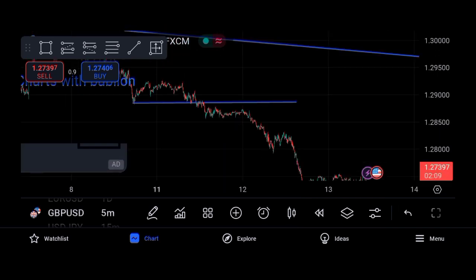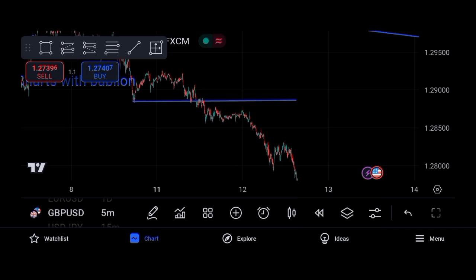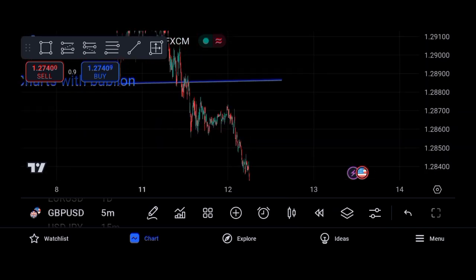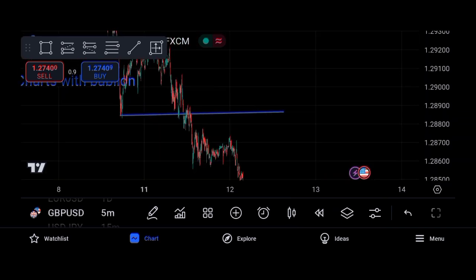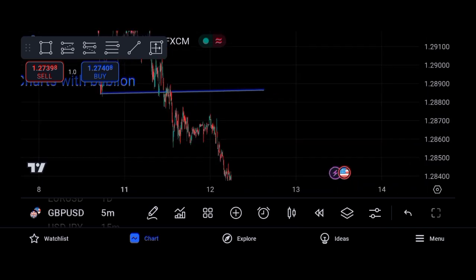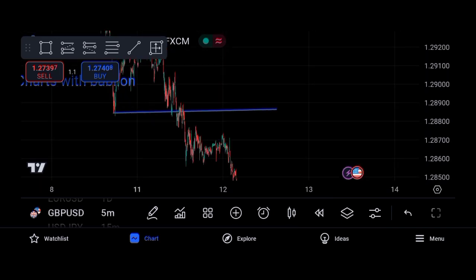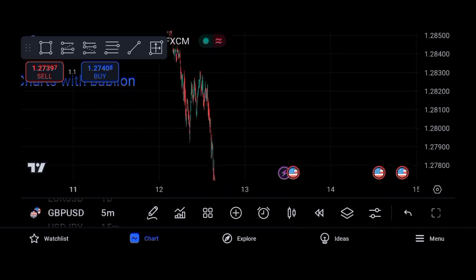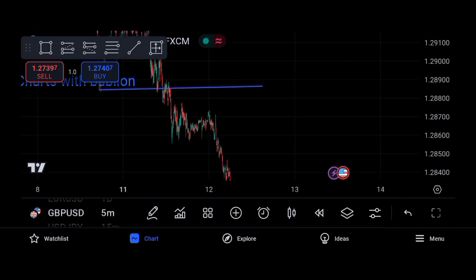Now if it were in an uptrend, then when the market breaks a high, you're expecting higher highs. But since the market has broken this high right here, we're expecting that when the market breaks another low, you're going to get a more obvious downtrend.